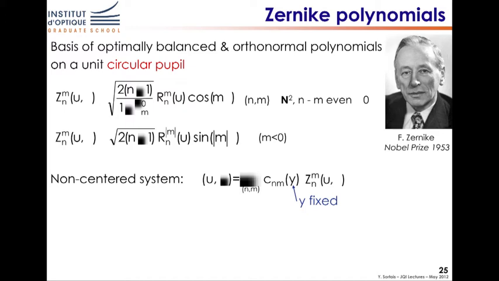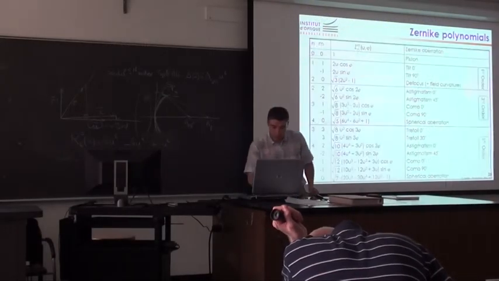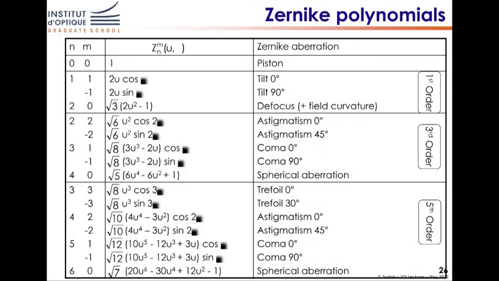do not make a complete ensemble of polynomials. It's not the basis. I have to complete this ensemble by other polynomials that include sine and whatever. And in the end, well, here is, I stopped at some point, okay? I just gave you some polynomials up to the fifth order. So, here we are. These are, well, piston, tilt, defocus.